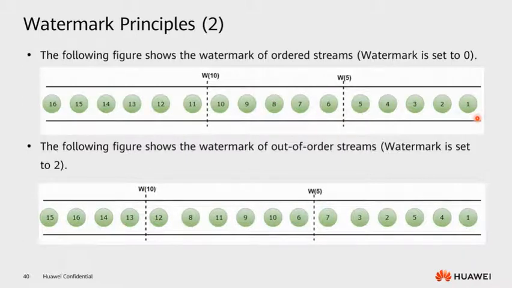And in actual cases, Flink defines the watermark via the maximum time delay. For example, in the figure below, we set a maximum time delay as 2 seconds. And the watermark is used together with a tumbling window whose window length is 6 seconds. Then, after 6 seconds, the latest event has a timestamp of 7.